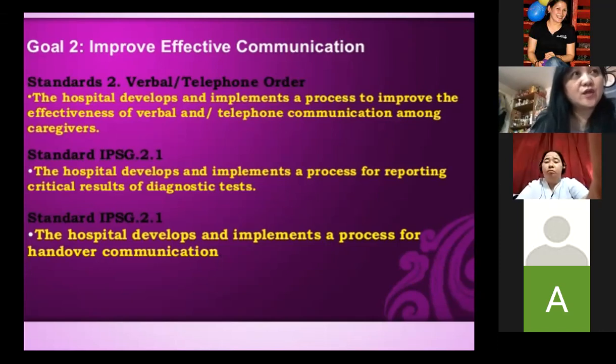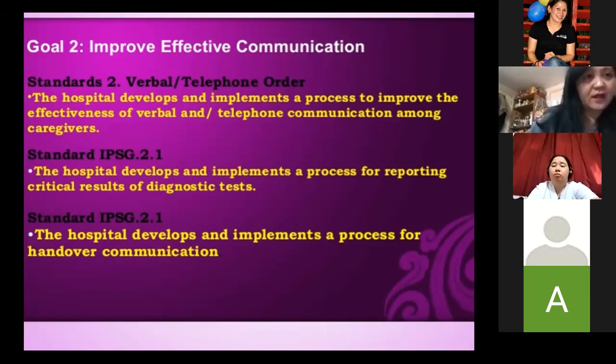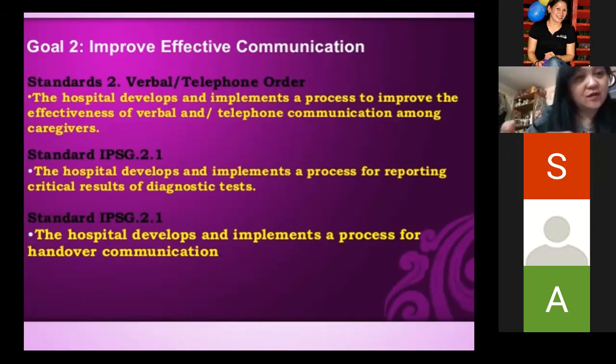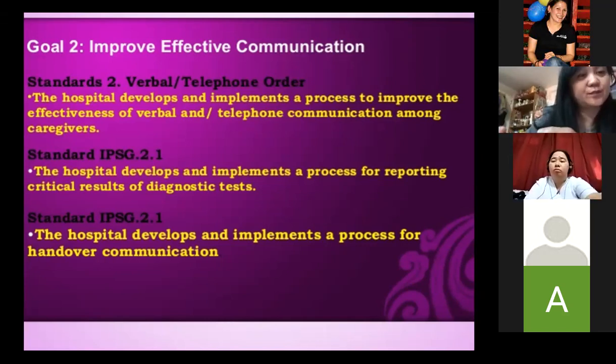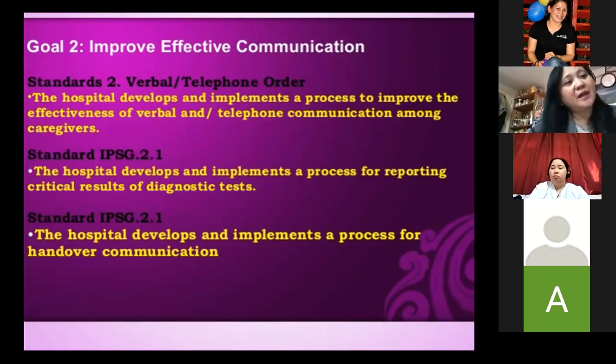Sometimes you do things that are not yet an order, and the next shift recorded that this thing is supposed to be given, and you did not endorse it, and the next duty implements it, so the patient gets a double dose.